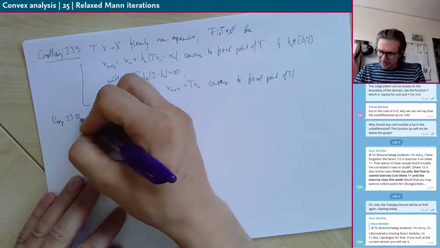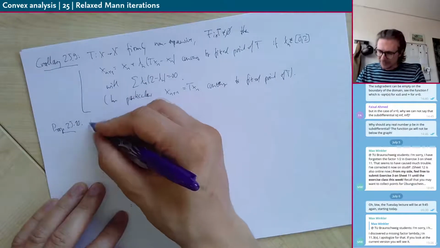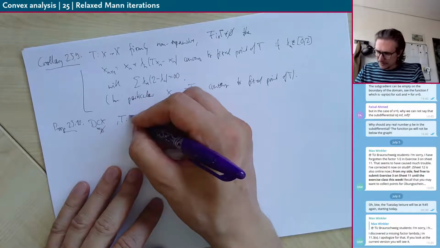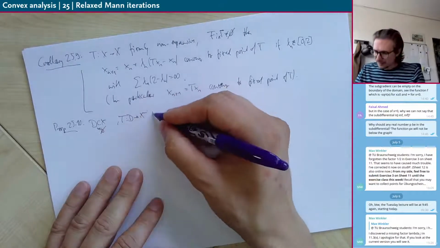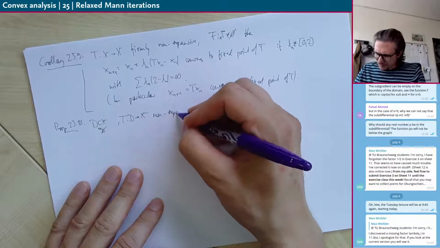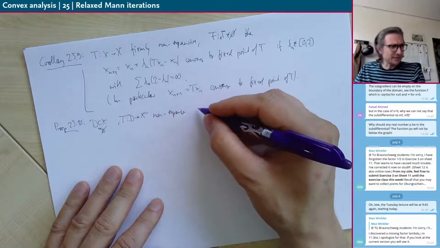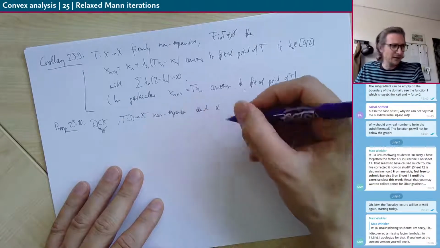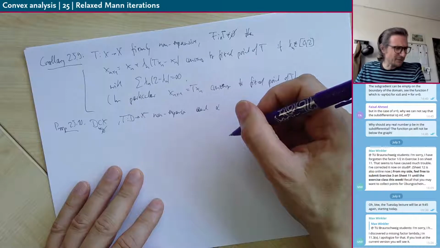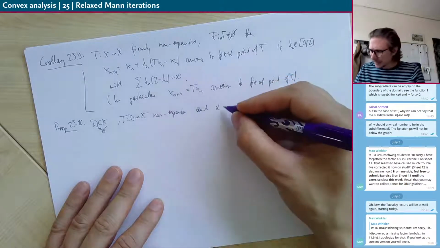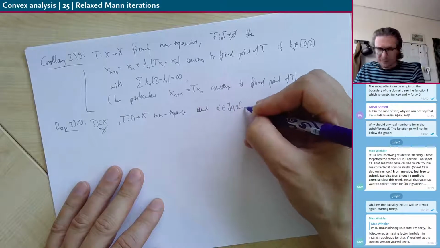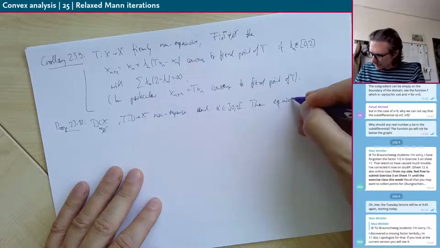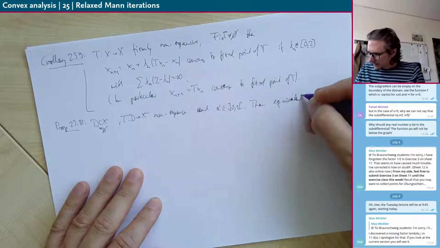Proposition 25.10: if you have D non-empty, T from D to X non-expansive, and I think we probably already used it, and alpha in (0,1). Then the following three things are equivalent.